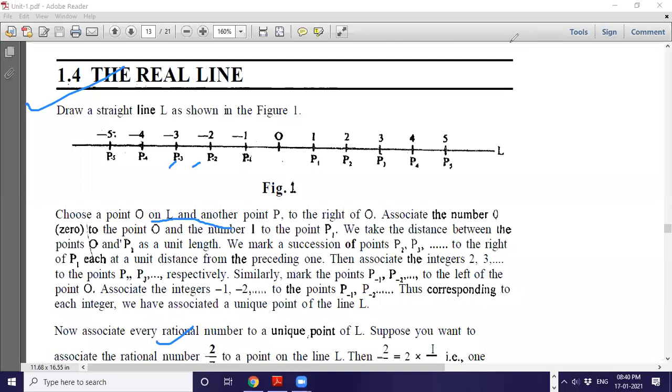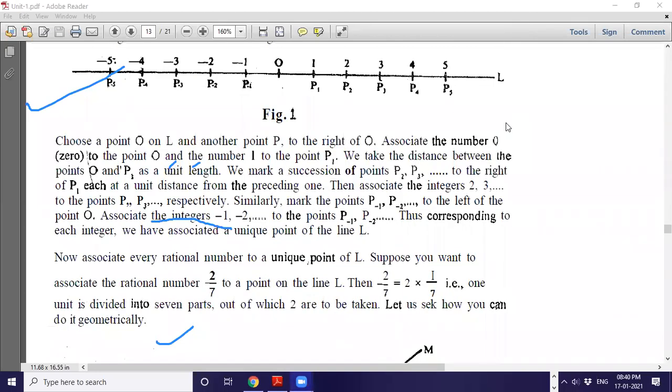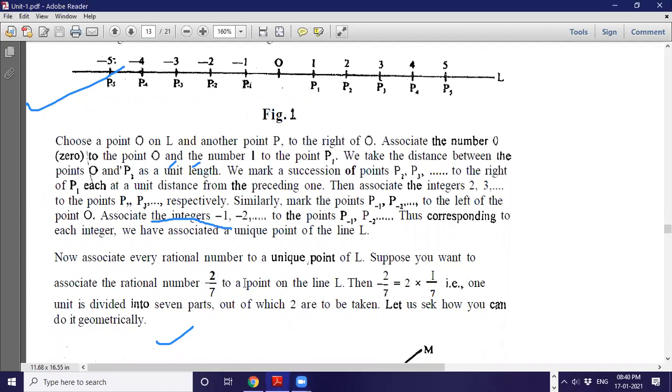Let me clear this. Okay. Say we have one rational number 2 by 7, and we want to associate it to a point in L on this line. Then what would happen? 2 by 7 is equal to 2 into 1 by 7. That is, 1 unit is divided into 7 parts, out of which 2 are being taken.